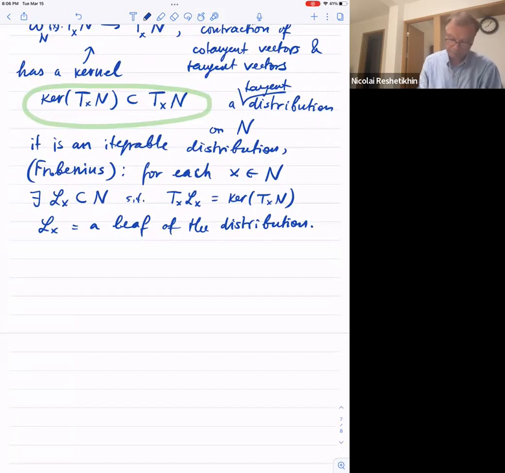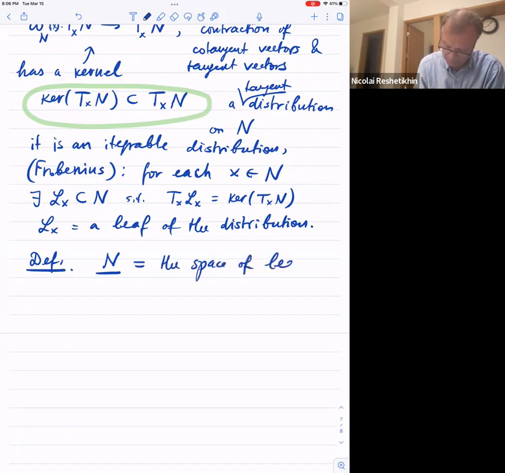So the definition: N bar is the space of leaves of this tangent distribution.